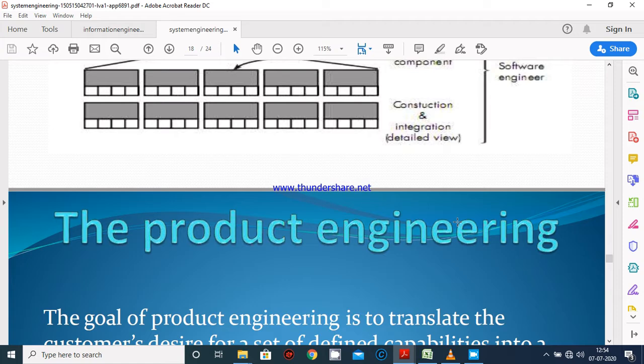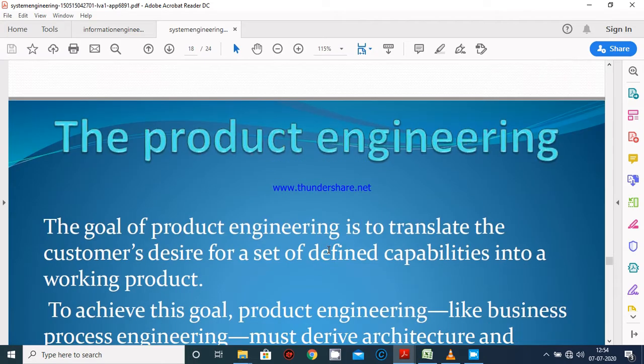Basically, product engineering has a support infrastructure that is established and includes the technology required to tie the components together and the information, like documents, that is used to support the components. I will explain the working model or working procedure of product engineering later in this video lecture.